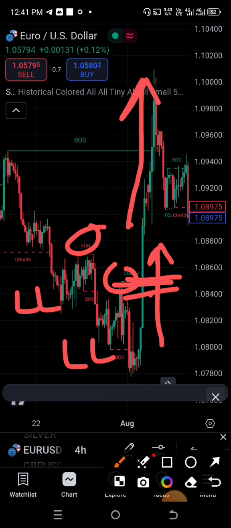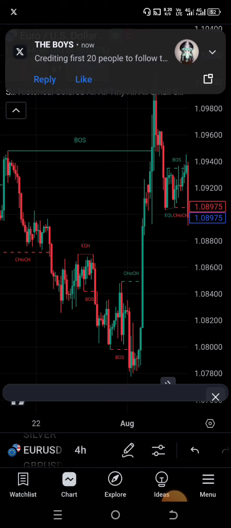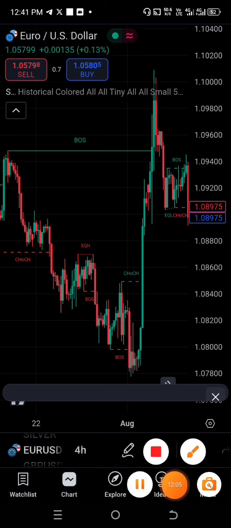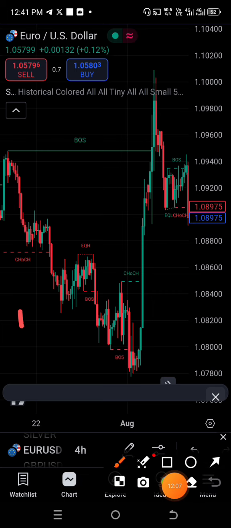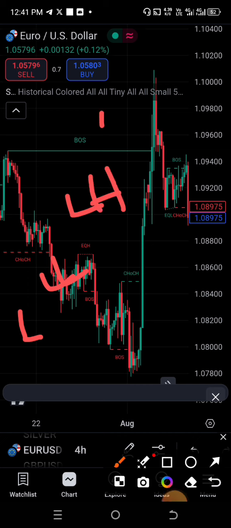Now, don't forget what I have said so far. If you are in a downward trend, you'll be having lower low, lower high, lower low, lower high.